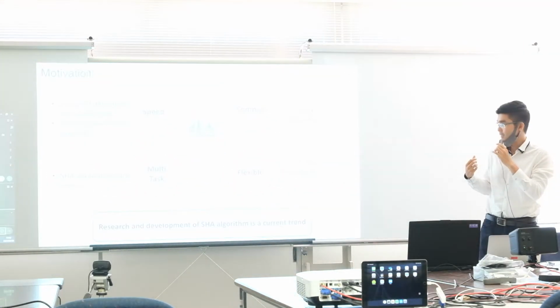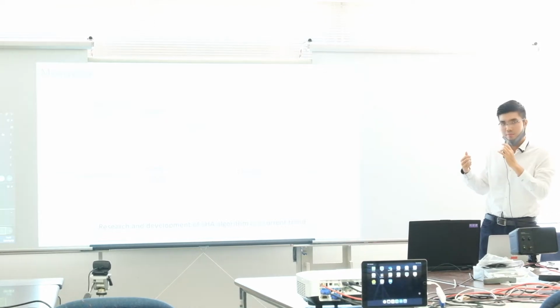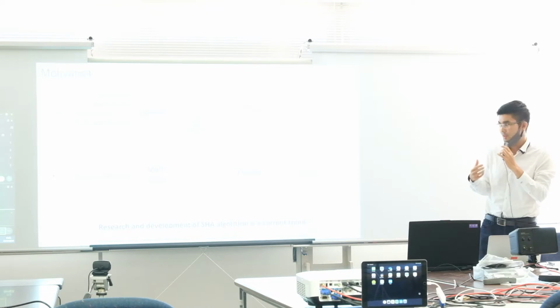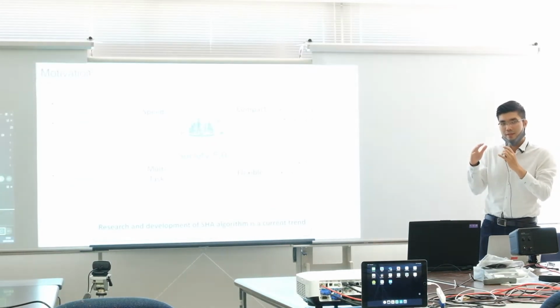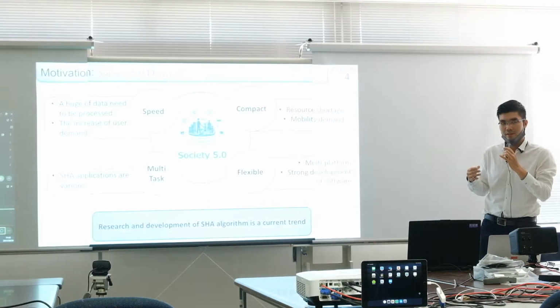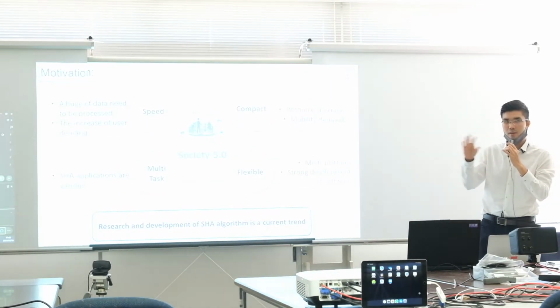Another is a compact system, because the devices are smaller now, so we need to reduce the power. Another is mobility, since mobile devices are very important. Another is that SHA has many multitask functions. And finally, software is now very well developed, so we need hardware that can cover the software also.